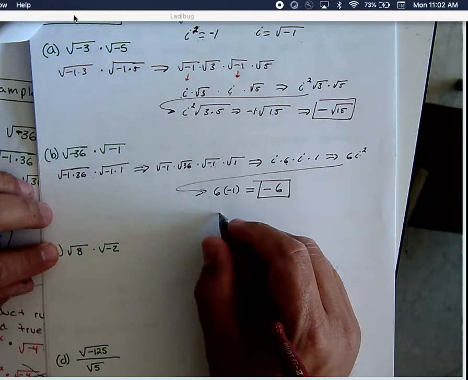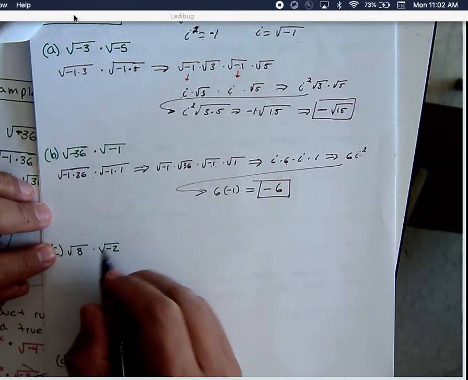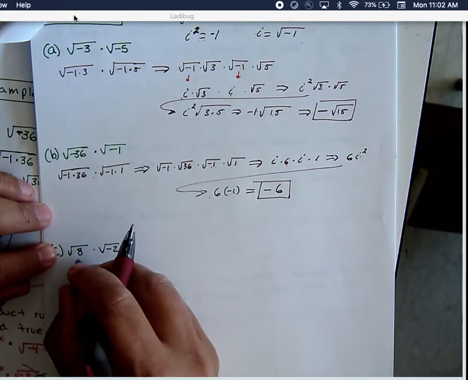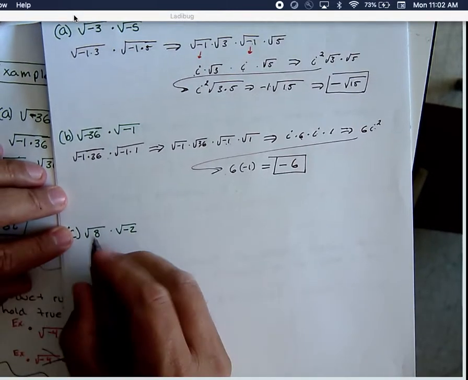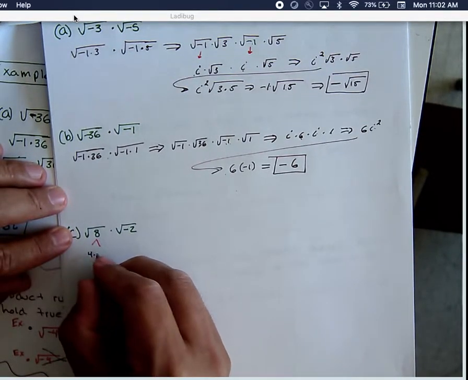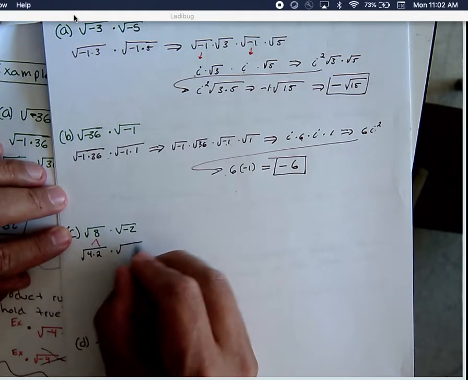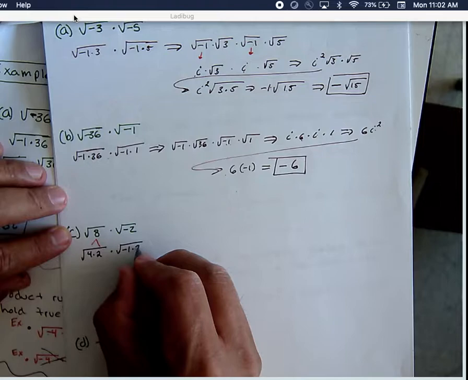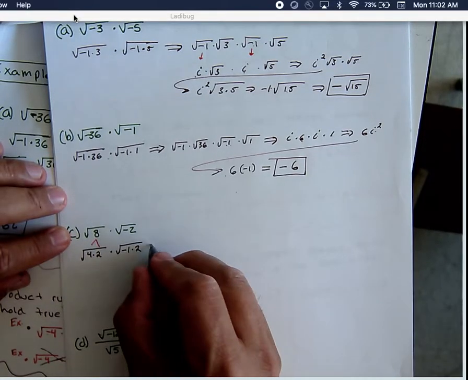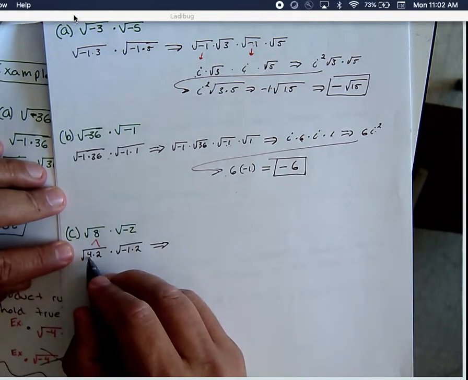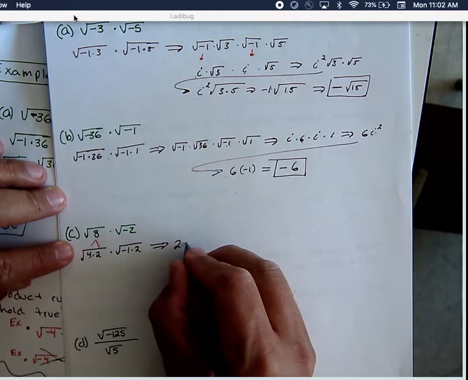So C, this one you can simplify further. It doesn't have a negative, but you can do 4 times 2 in the square root. That one you would have to separate the negative times that. So square root of 4 would be 2, square root of 2 inside, right?